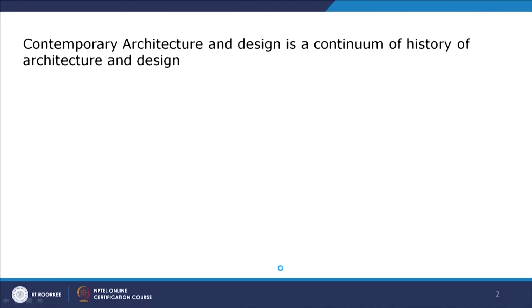We are talking about contemporary architecture and design, which is a continuum of the history of architecture and design. So it's not one particular time, like the industrial design movement, where everything changed.